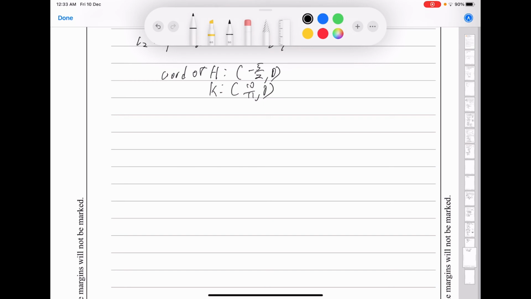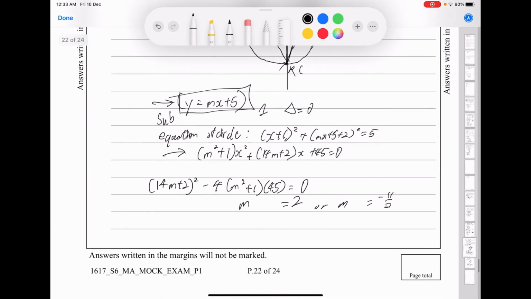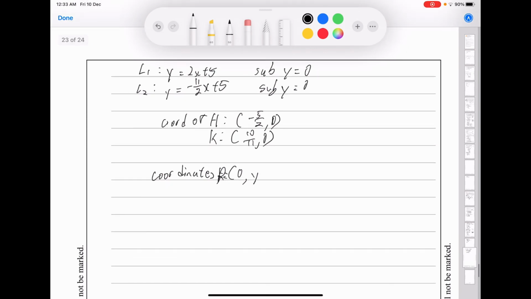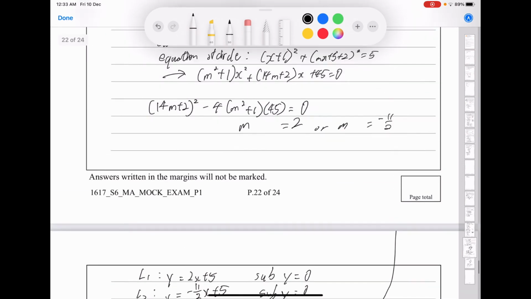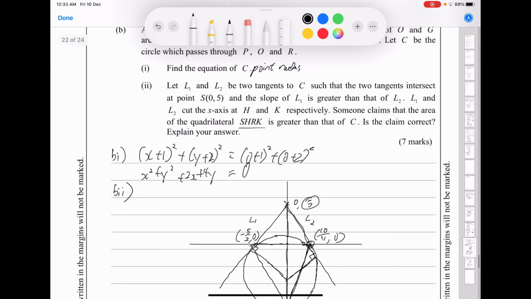The coordinates of R, of course, is going to have 0 on the x-axis because it lies on the y-axis. So we can substitute this value into this equation above, which we calculated.